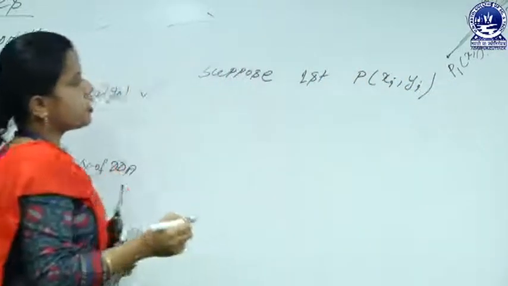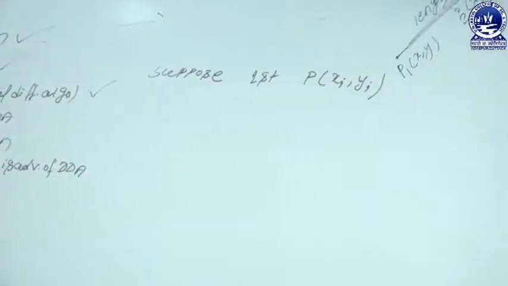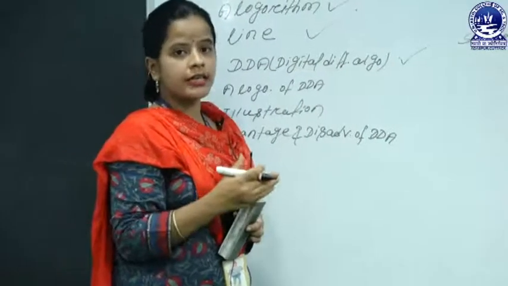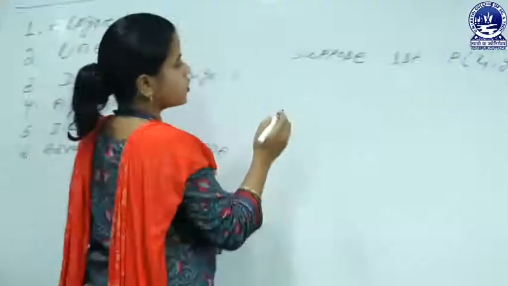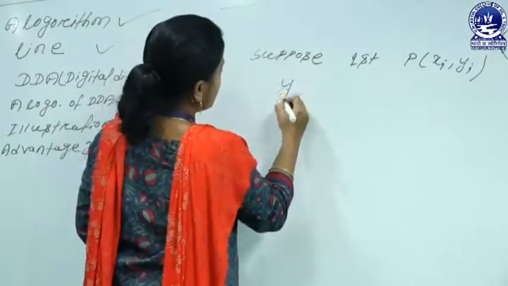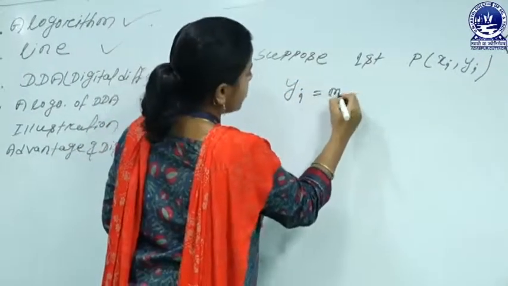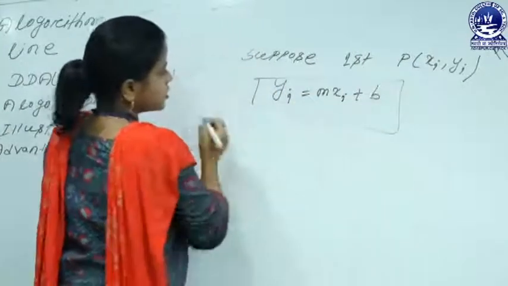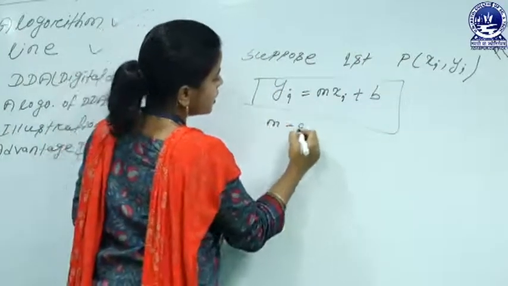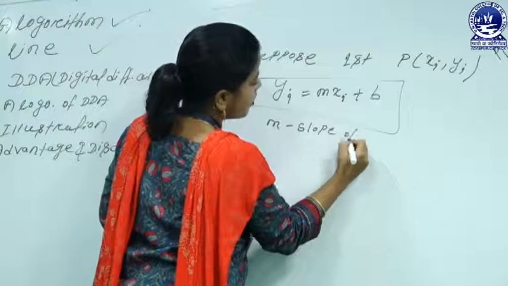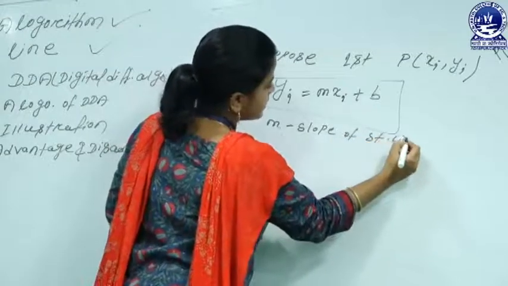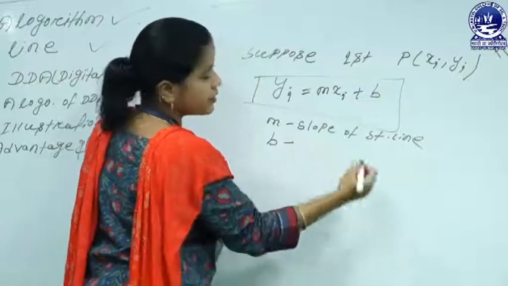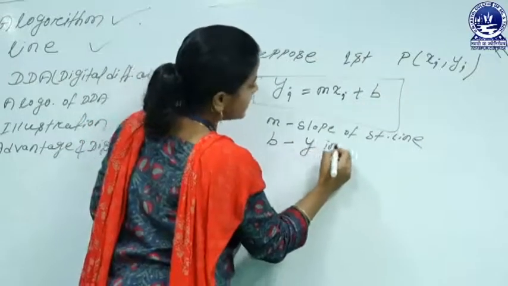Here, if the user needs to represent the coordinate pixel point and the straight line by using the straight line equation, it is yi equal to m of xi plus b. That means here m is the slope of the straight line, and b is a constant which is the y intercept.